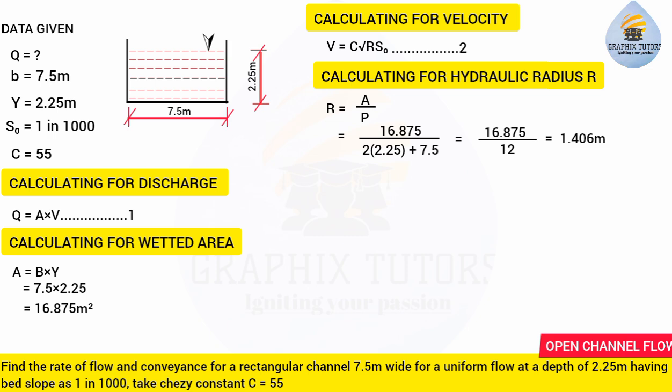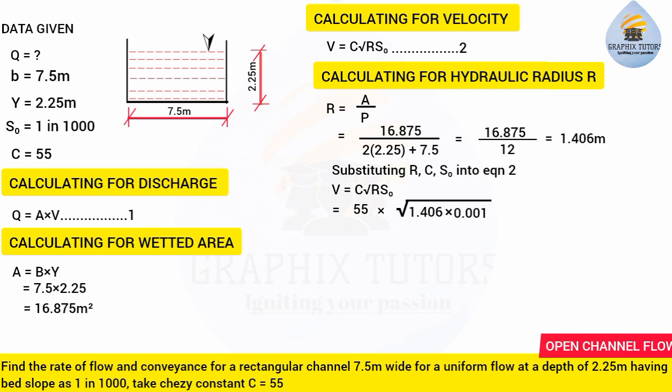So since we've gotten the hydraulic radius, we have our bed slope and we have our Chezy constant. Now we'll substitute these values into equation 2. The velocity will be equal to 55 times the square root of 1.406, the value of the hydraulic radius, times the bed slope, which is 1 over 1000, that is 0.001.